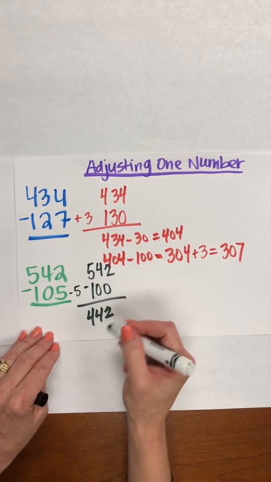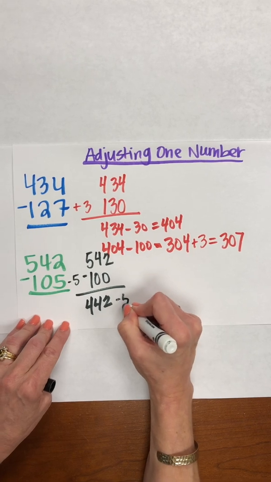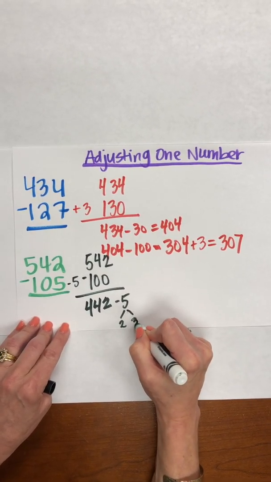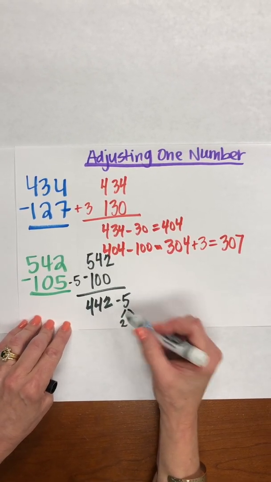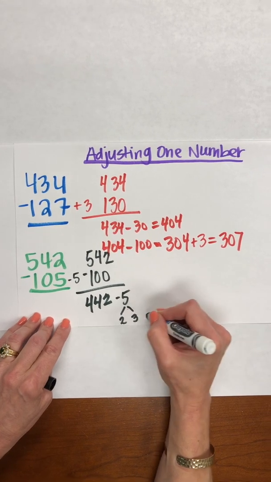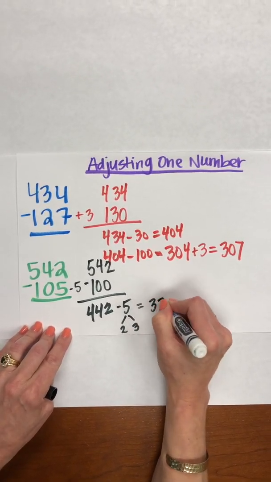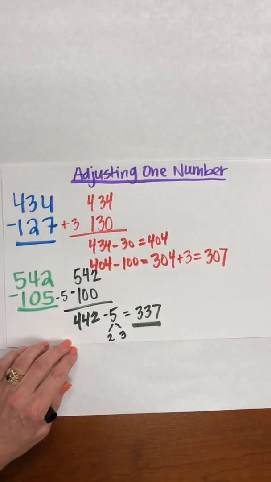And then I'm going to have to take away my 5 from that because I didn't do it in the beginning. If I decompose 5 into 2 and 3, then if I subtract 2 from 442, that gets me to 440. 440 minus 3 is going to give me my difference of 337. And that is my difference.